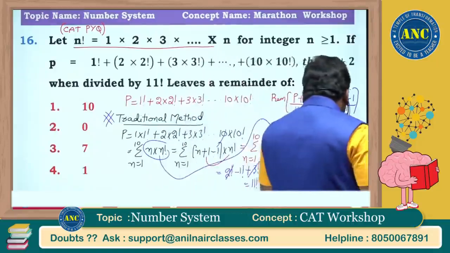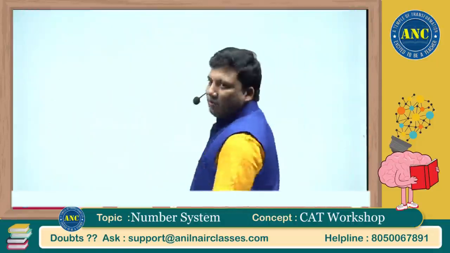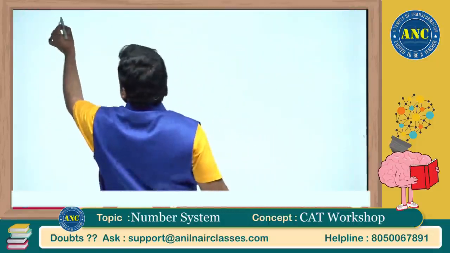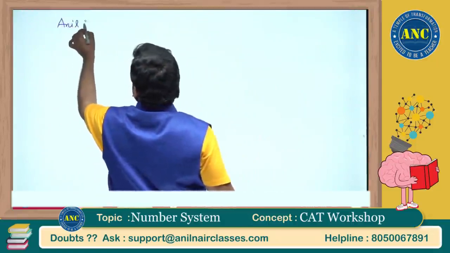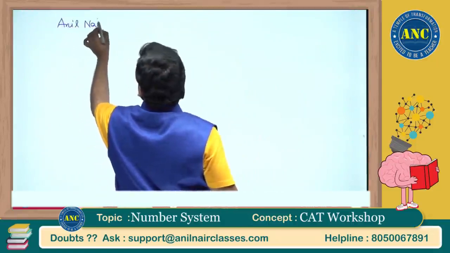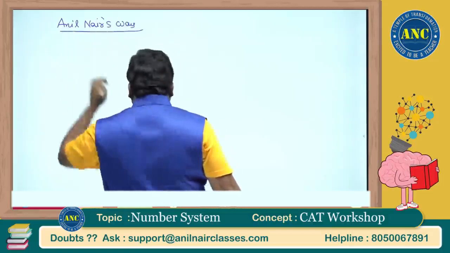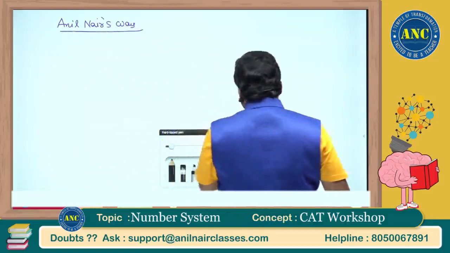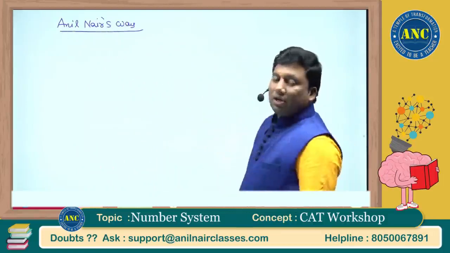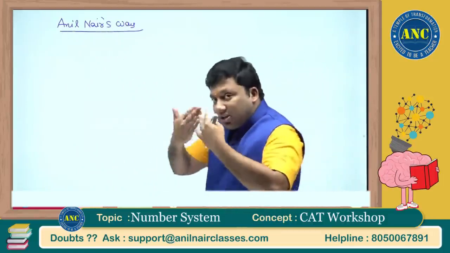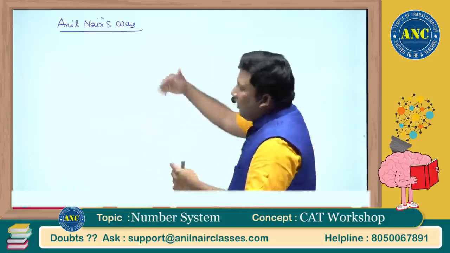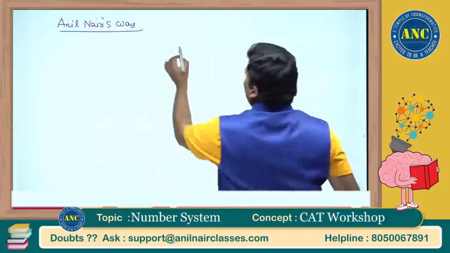Now, Anil Nair's way of solving the question. But before solving, I am not interested in just solving this question. I am interested in telling you the patterns where you can use this concept to solve a problem.